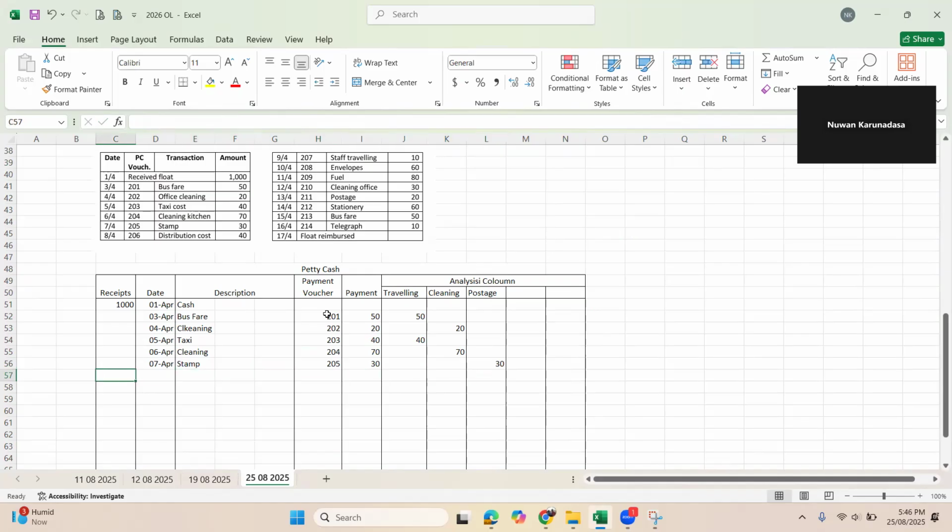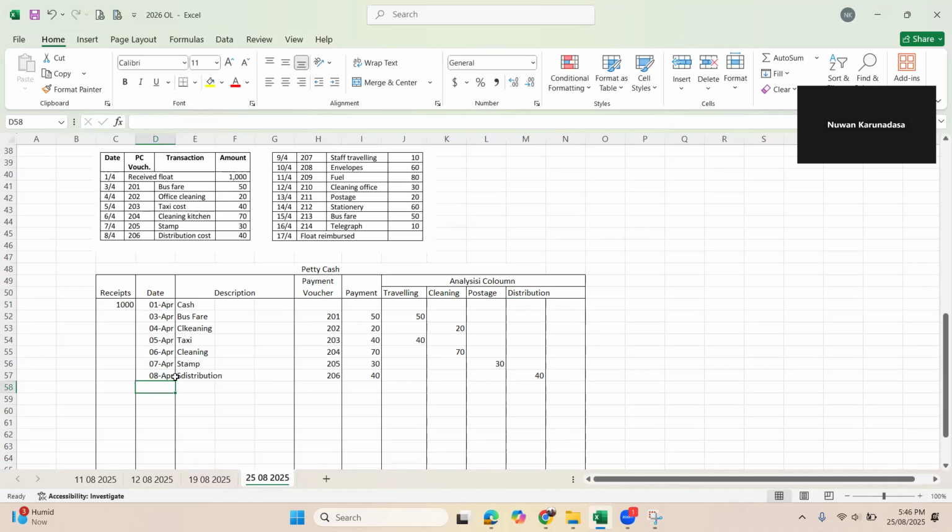Then 8th of April, distribution cost. You will have voucher number 206. That is coming under the 40 here, under distribution. We'll have a column for distribution.